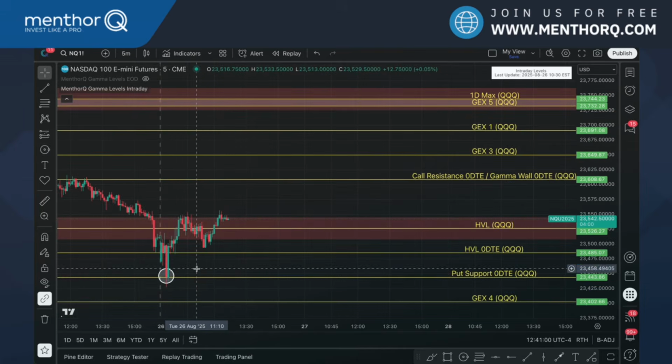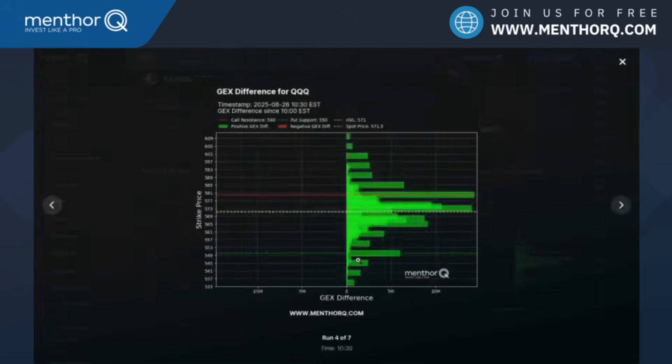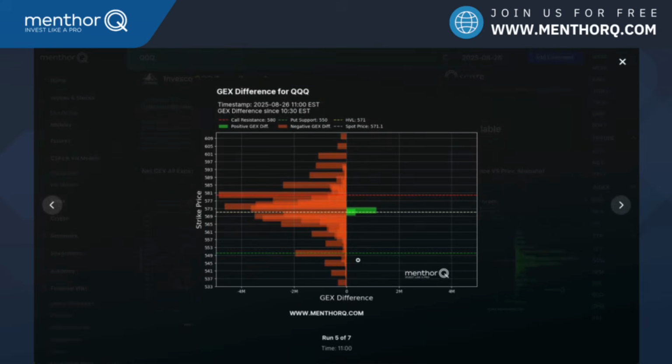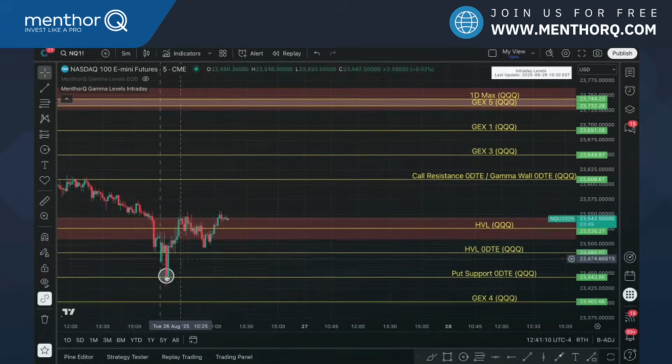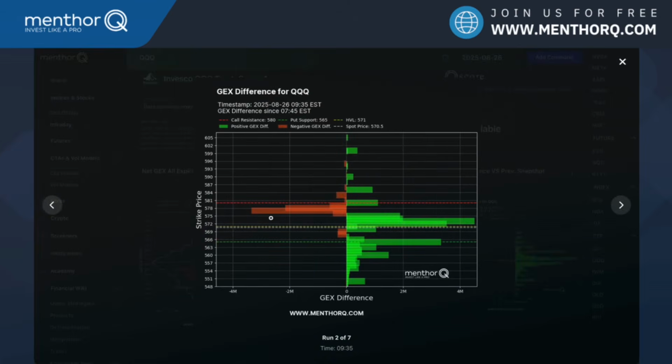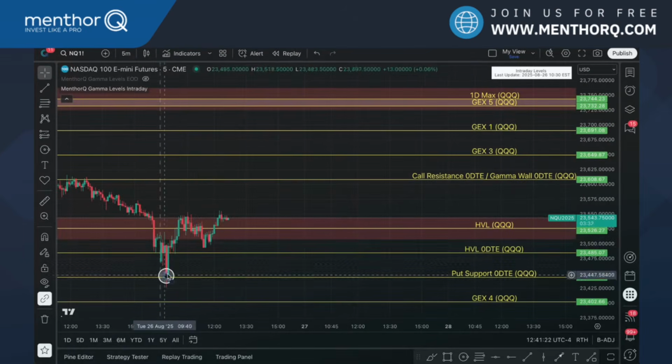What I don't want to see is a lot of negative gamma piling up over multiple snapshots, because that means that my trade might not be confirmed. So if I see that the gamma change is confirming my theory, then that can help me either stay in the trade longer, set my stops, and also set my profit areas.